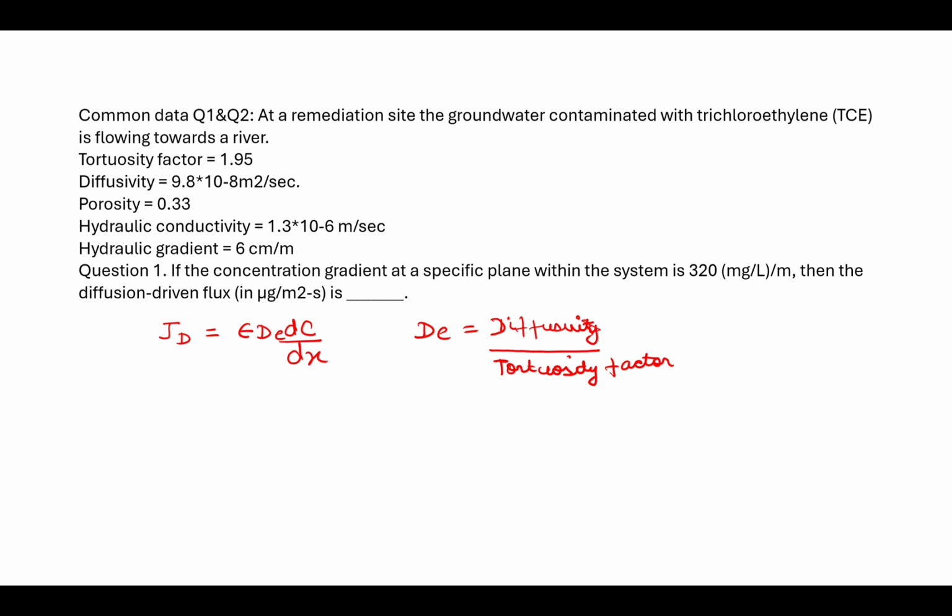Okay, let's see what flux we are getting. We will first find the diffusion coefficient. We have been given the diffusivity, that is 9.8 into 10 raised to the power minus 8 meter square per second, divided by the tortuosity factor, which is 1.95.